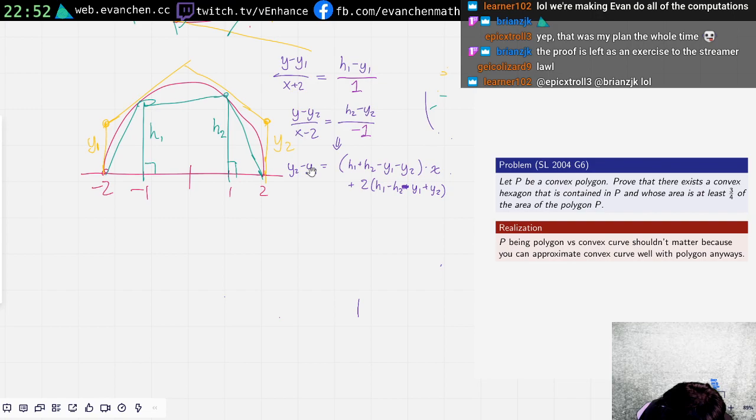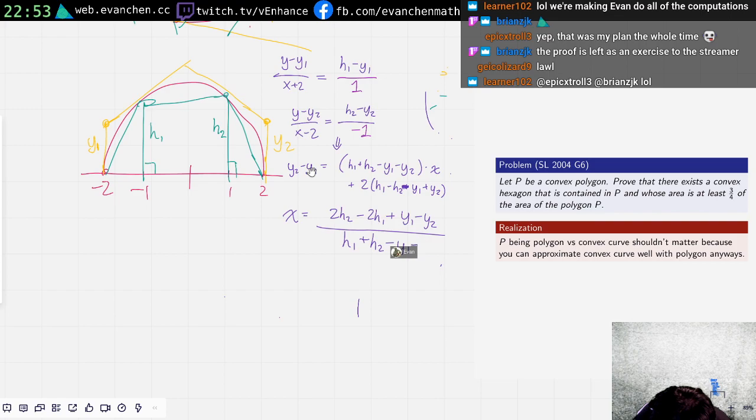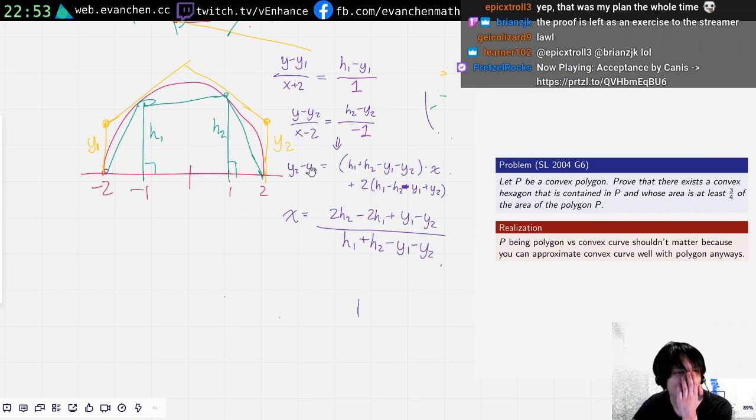Okay, so lo and behold, oh jeez, 2h2 minus 2h1 plus y1 minus y2 over h1 plus h2 minus y1 minus y2. Amazing. I don't even want to compute y at that point.